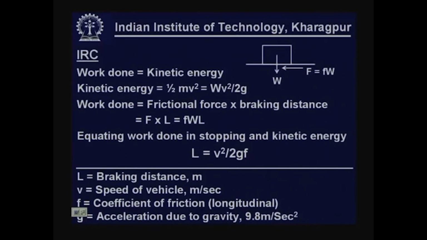So, if the braking distance is L, then the work done is force multiplied by braking distance. So, coefficient of friction multiplied by weight multiplied by length. The kinetic energy is equal to half into mass into velocity square.